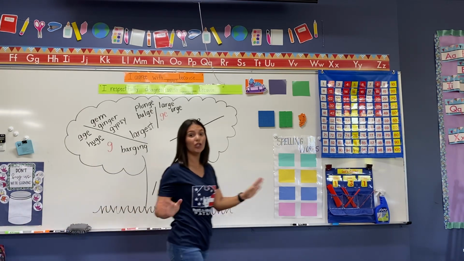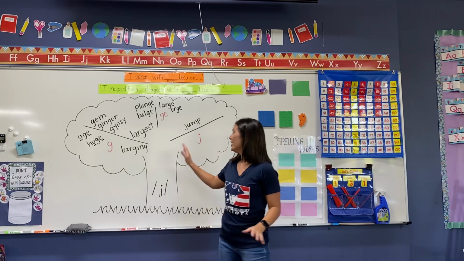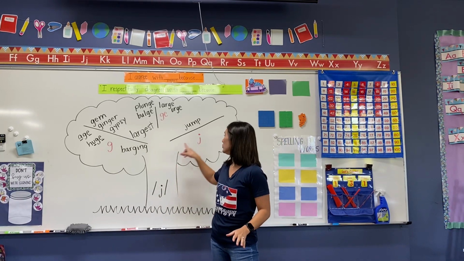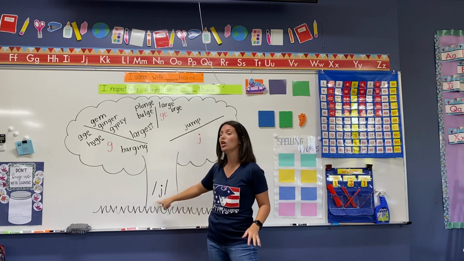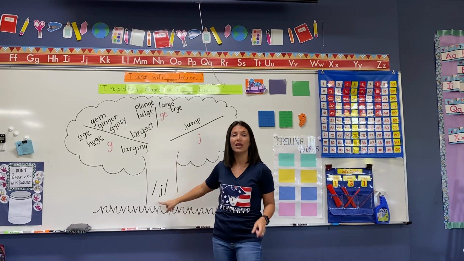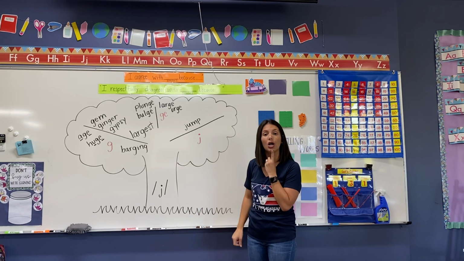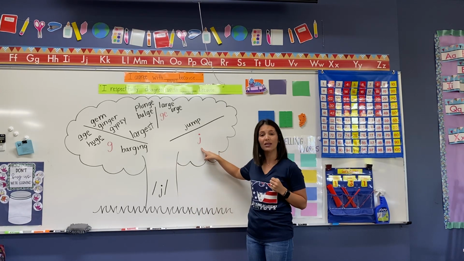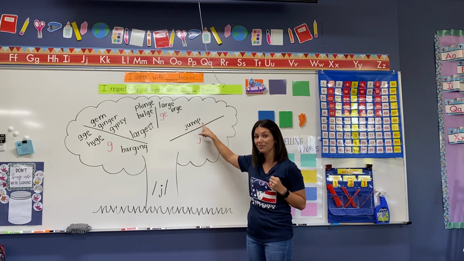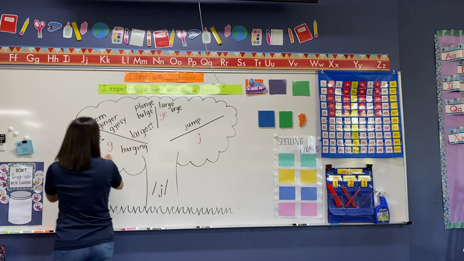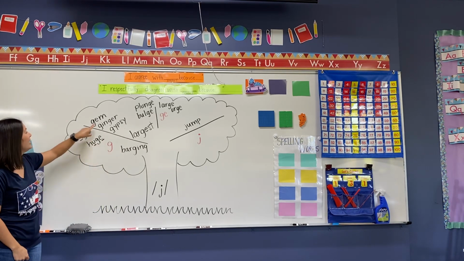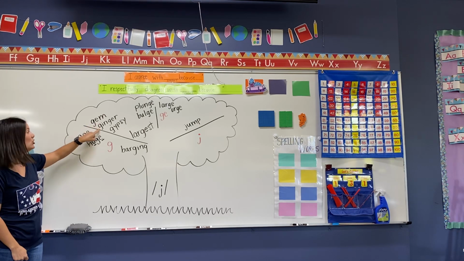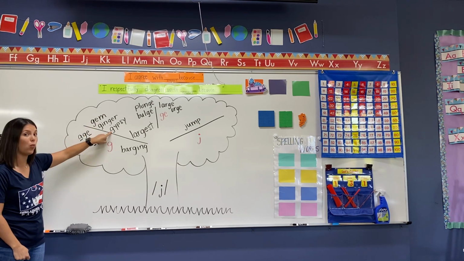So let's review. When do we use a J, a G, and a GE for the sound J as in jump? If you hear the sound J, it could be spelled with the J, mostly at the beginning. Jump. We use a G for the sound J if it starts with a GE, GI, a GY.